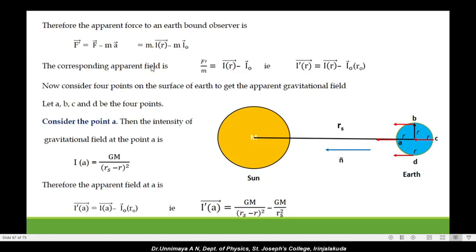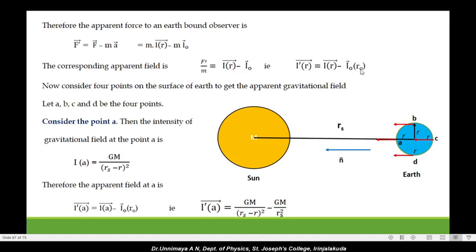The corresponding apparent field: m is common in these two terms, take it outside. So F prime by m will be equal to I of r minus I0. This F prime by m is replaced with I prime of r. So I prime of r is equal to I of r minus I0.